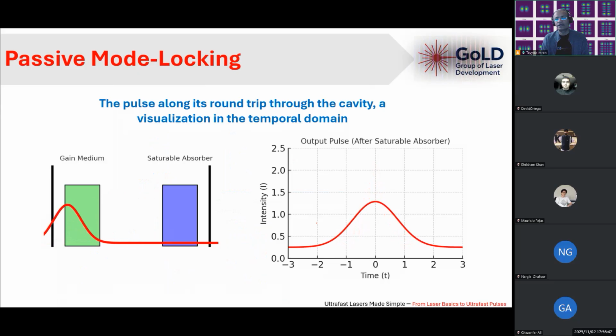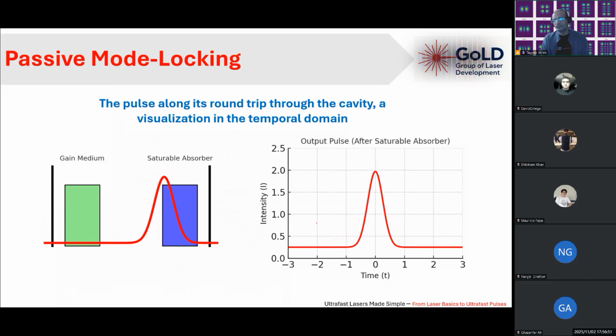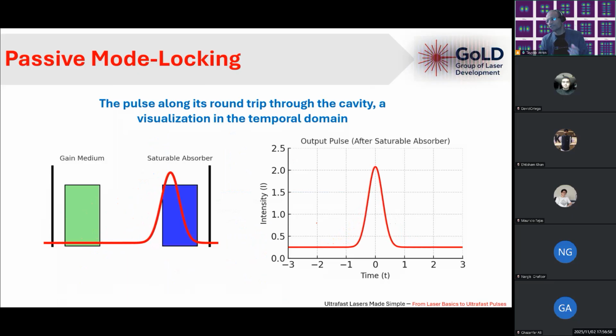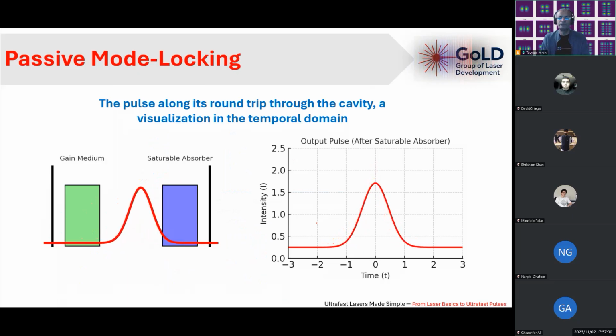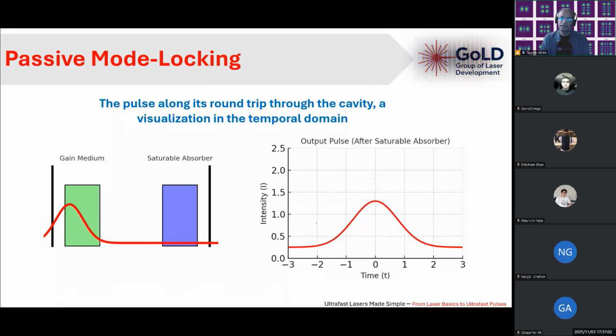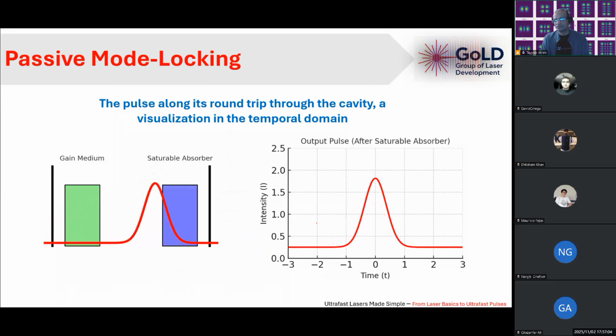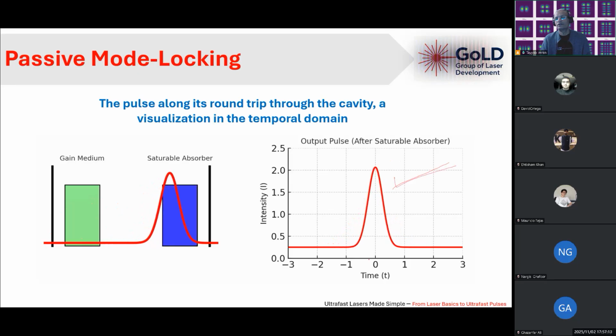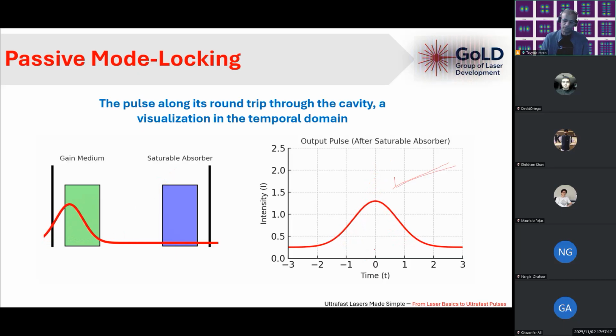You can see that when it reaches the saturable absorber, this is showing the maximum transmission. So with maximum transmission, you have a very nice energetic pulse at the output. This graphic pattern will help you understand how things are happening in the time domain.